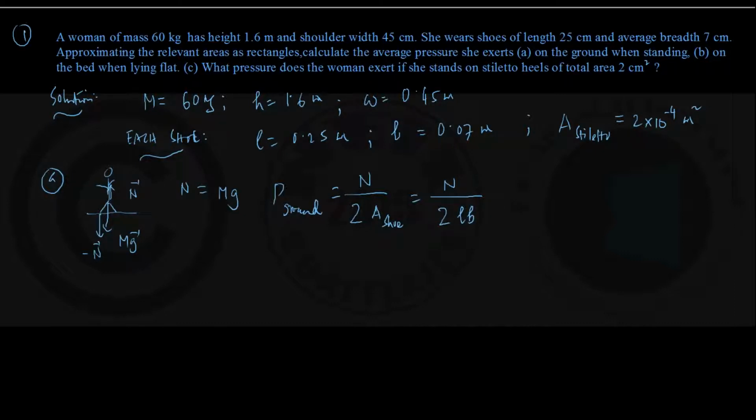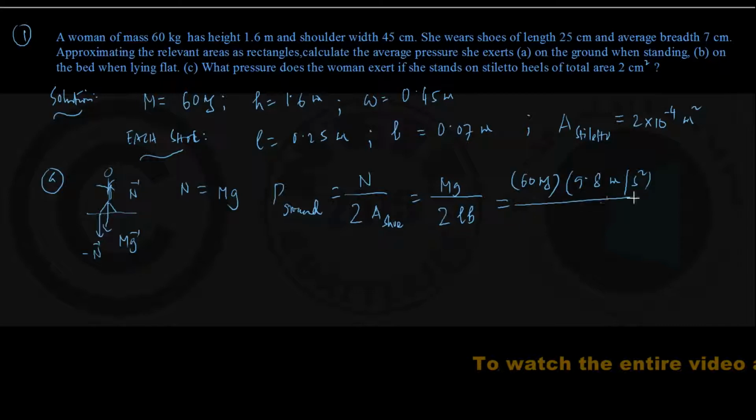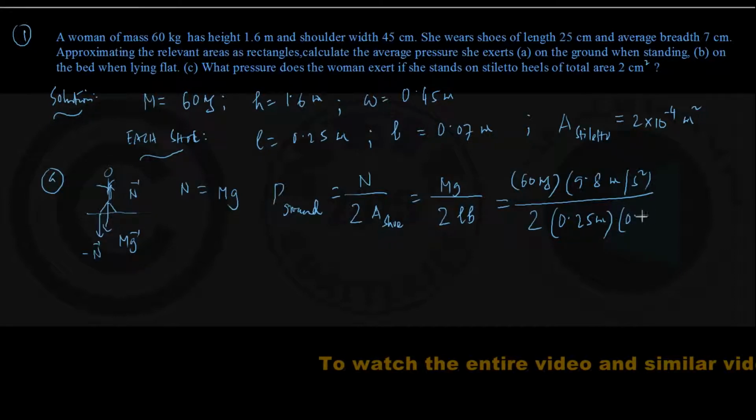I can write N as the force of gravity in magnitude, and putting the values: M is 60 kg, g is 9.8 meter per second square, divided by twice the length of either shoe, 0.25 meters, times the breadth, 0.07 meter.